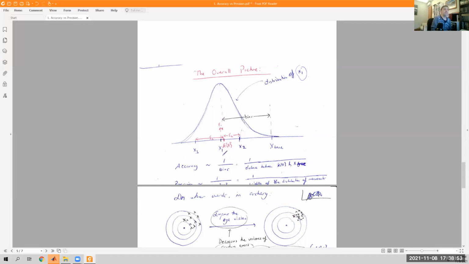It is because of the imprecision, because of random errors. So this bell shape is totally related with random errors. On the other hand, the difference between the expected value here and the true value, which we do not know, is totally related with bias.